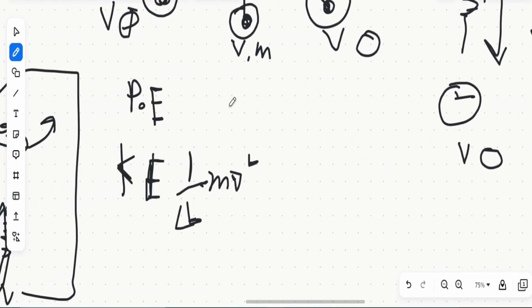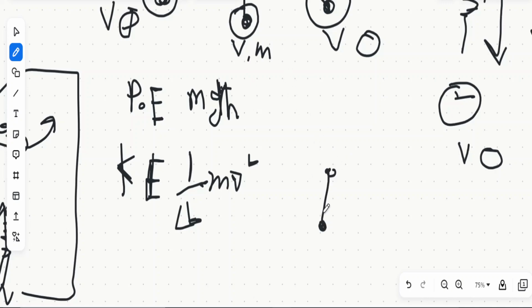So what happens to my potential energy? Potential energy depends on distance, because the formula for potential energy is mgh. So potential energy depends on my height. Remember that. So of these, mass m is constant, the ball's mass would not change, and g is 9.81. This is also a constant. So what will change is my height.